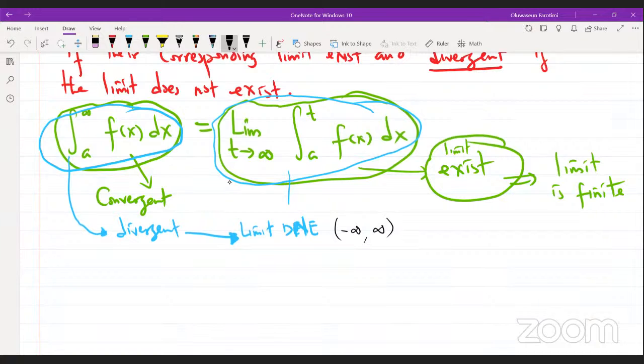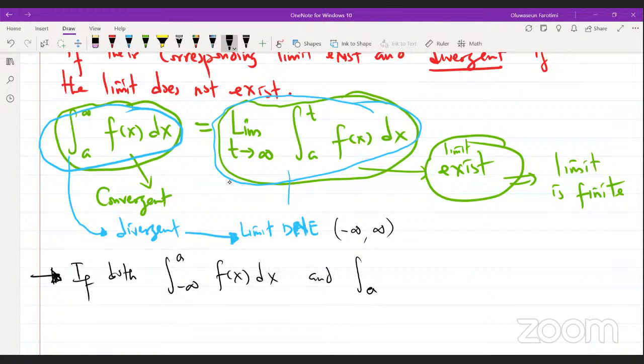One more thing, guys, and then we're going to examples. Now, if both this integral and this integral, from a to infinity, exist, what does it mean?